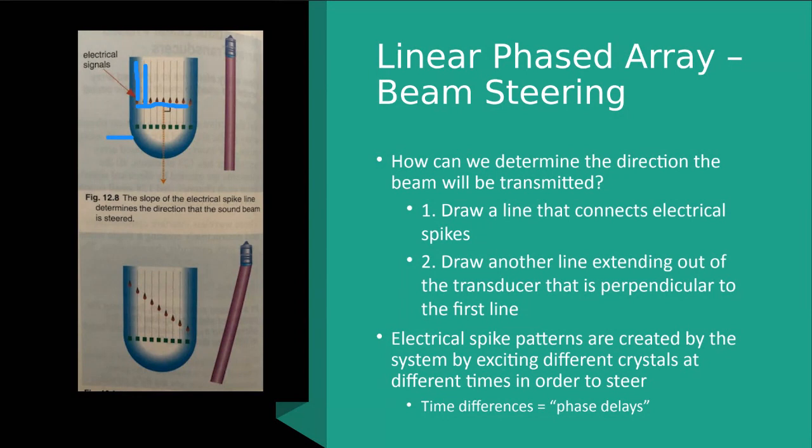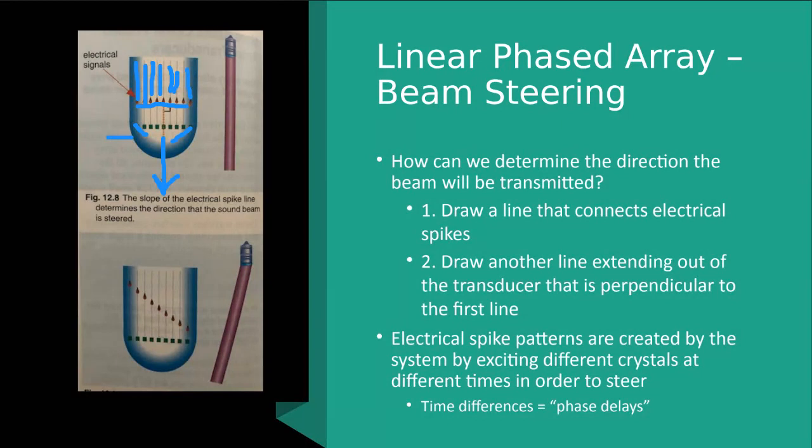Our electrical signals are all coming at the same time, exciting each of those crystals at the same time. That means that our sound wave, when it joins together, is going to travel in a straight line. So we're not steering at all, because our electrical spikes all occurred at the same time. There was no pattern, no direction in terms of our electrical signals.